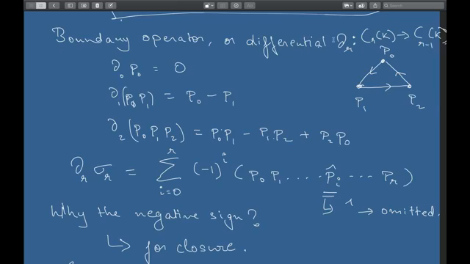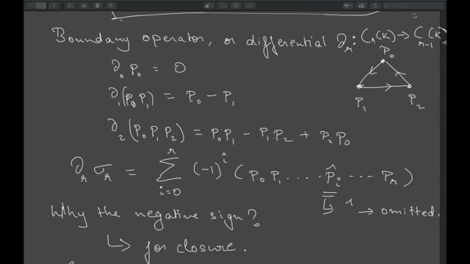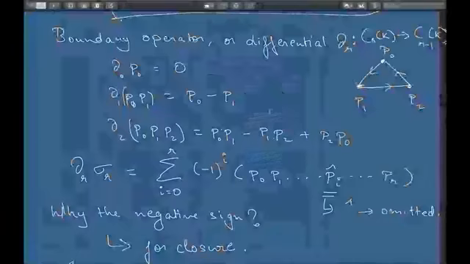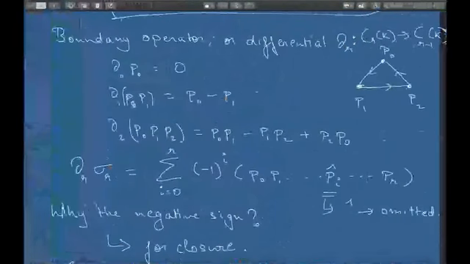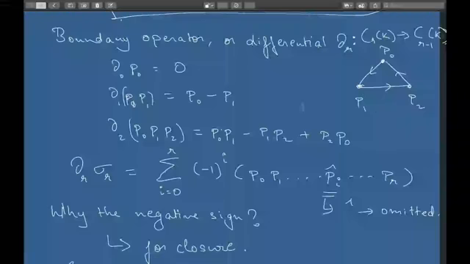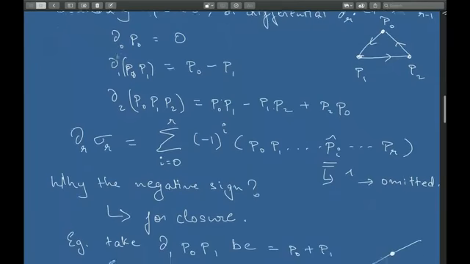So the differential basically drops your dimensionality by one, and essentially the zeroth differential of a point is zero.